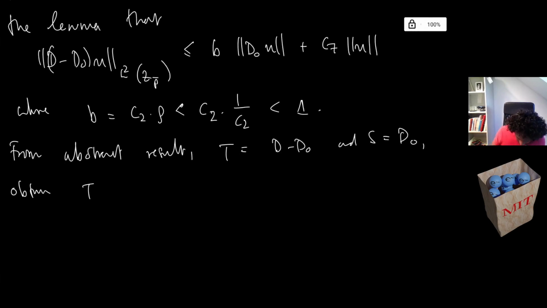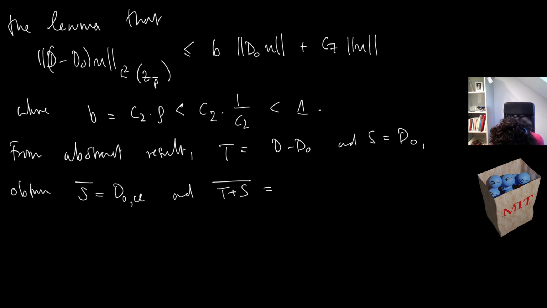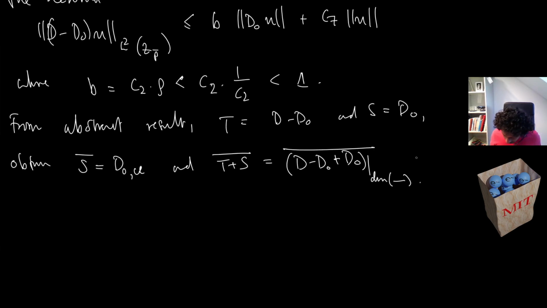Okay, so we obtained that S closure, which is equal to D_0,CL, and T plus S closure, which is equal to D_0 minus D plus D_0 closure with respect to this domain that we wrote before, which is precisely equal to D_CL.